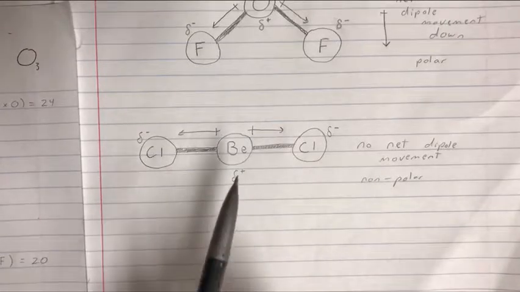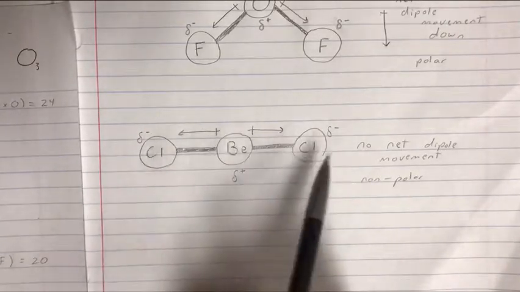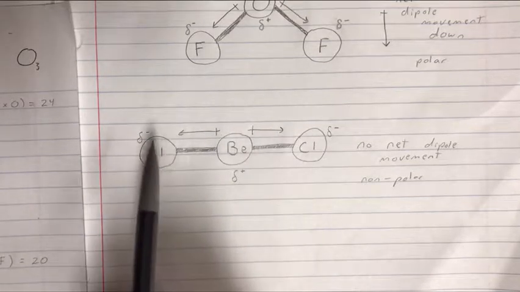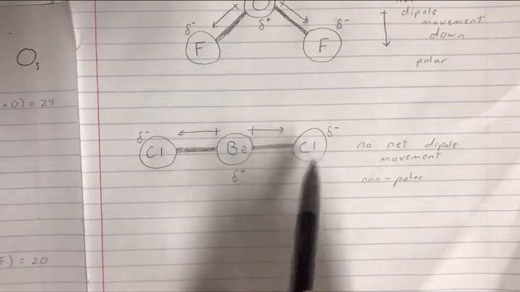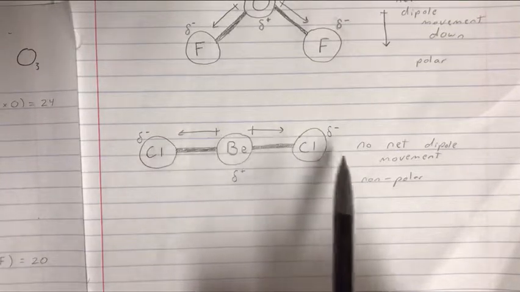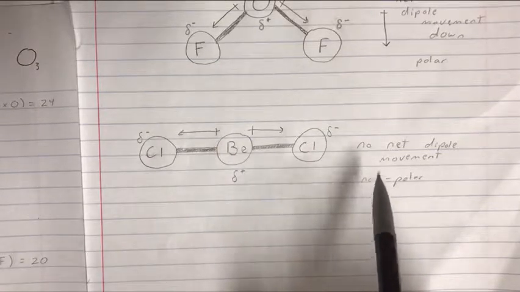For BeCl2, the chlorines are more electronegative than Be, so they both go in opposite directions, making a linear electron geometry. Since they're both going in opposite directions, the movement cancels out. These 2 arrows cancel out, so it's going to be nonpolar.